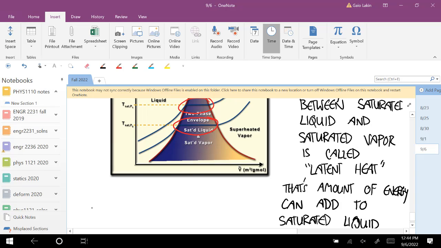And how much energy you can put into a saturated liquid before it starts changing temperature is really the key thing that makes this valuable, okay? So all of these things that you can do with the phase change from liquid to vapor, you could do with the phase change from solid to liquid. It wouldn't work as well because it's not as much energy that goes into it.